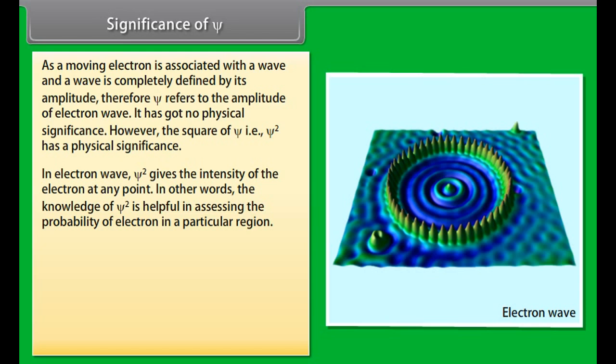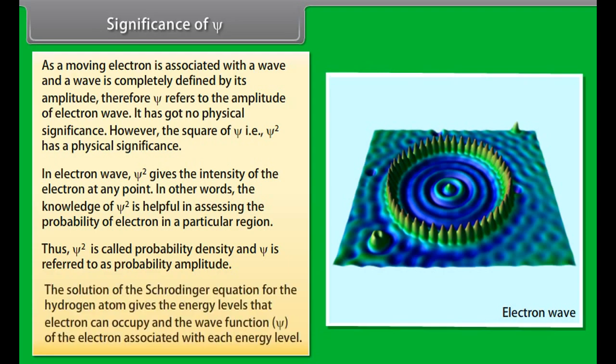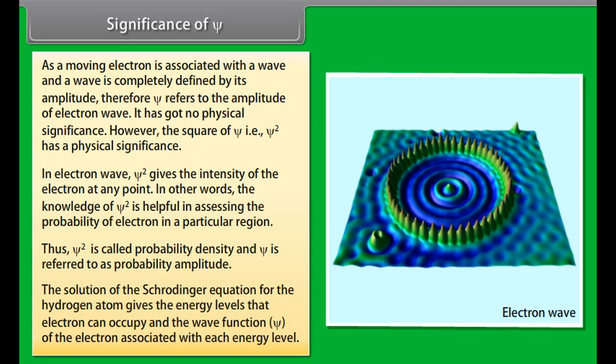In other words, the knowledge of ψ² is helpful in assessing the probability of finding the electron in a particular region. Thus, ψ² is called probability density and ψ is referred to as probability amplitude. The solution of the Schrödinger equation for the hydrogen atom gives the energy levels that the electron can occupy and the wave function of the electron associated with each energy level.